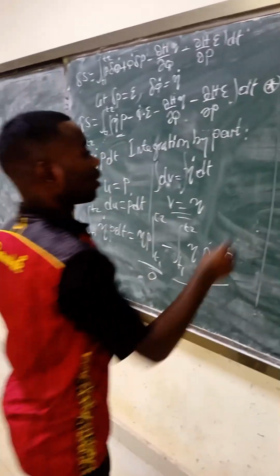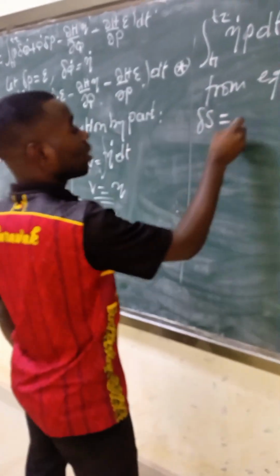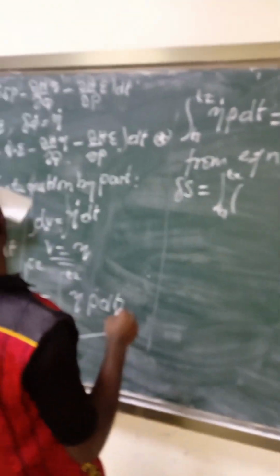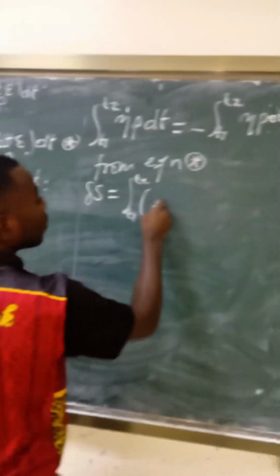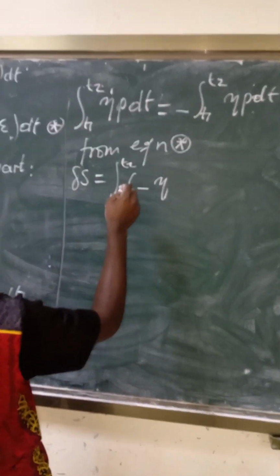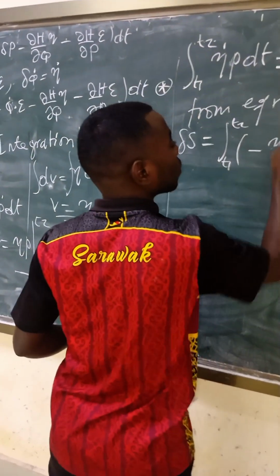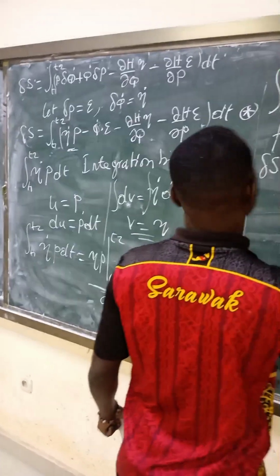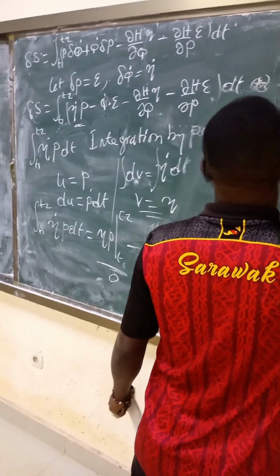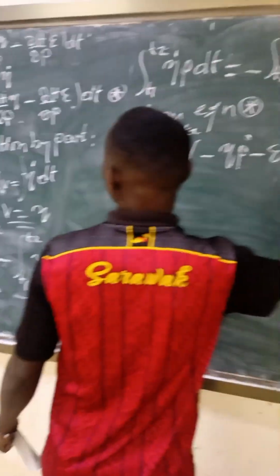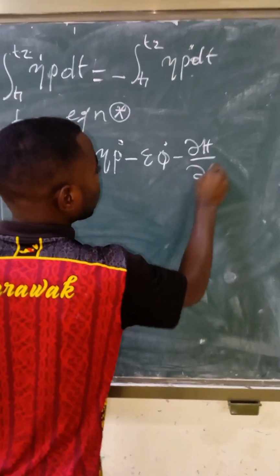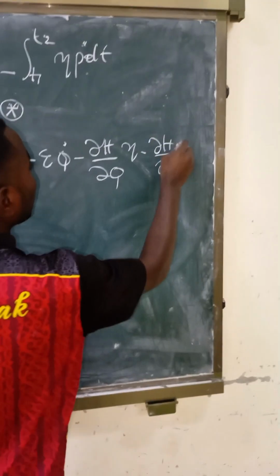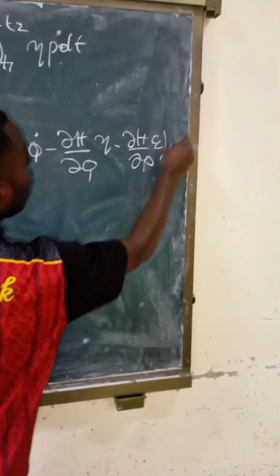Then the variation in action is equal to the integral from T1 to T2 of negative theta p dot, then minus epsilon q dot, minus partial of H with respect to q times theta, then minus partial of H with respect to p times epsilon, dt.